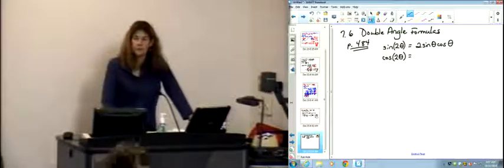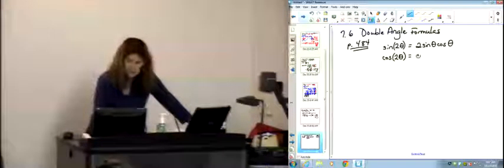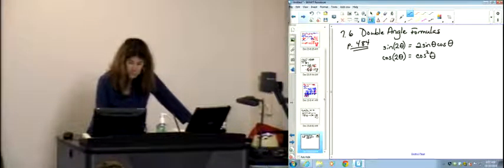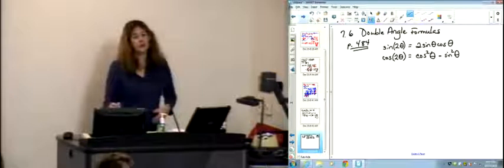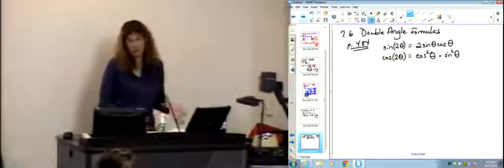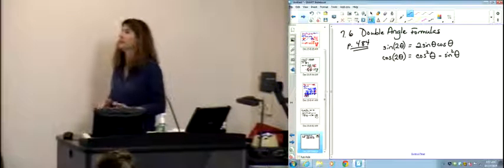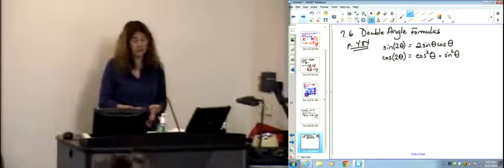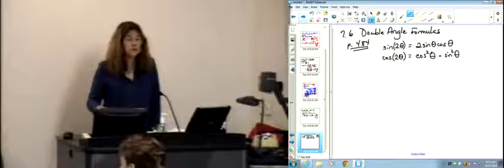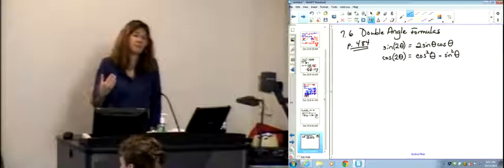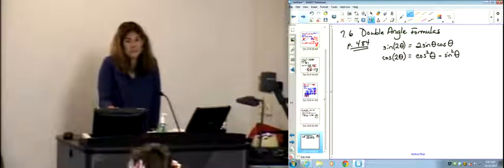Cosine 2 theta. You don't want to get this one confused with something we've already used, but it's cosine squared theta minus sine squared theta. Yeah, we know cosine squared theta plus sine squared theta is equal to 1. We've been using that a lot. Now we've got cosine squared theta minus sine squared theta is going to be the cosine of 2 theta. But there are other ways we can write it, okay?